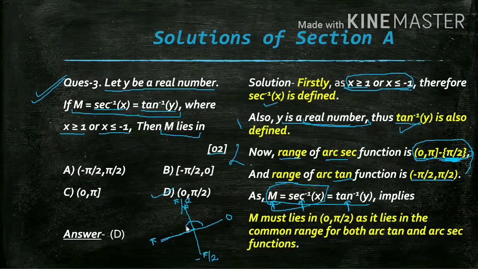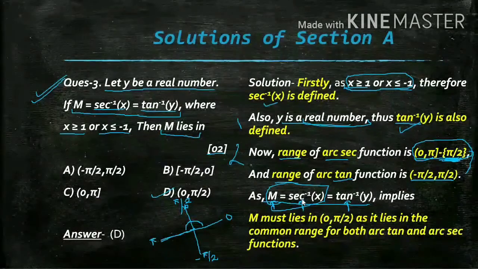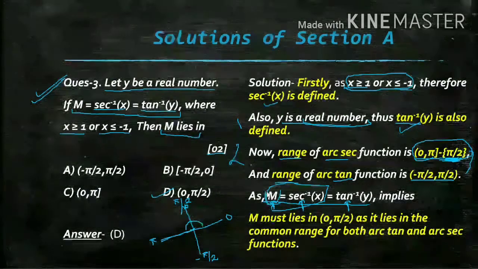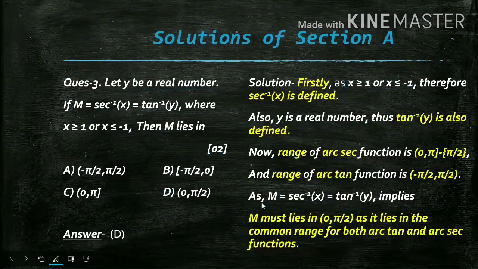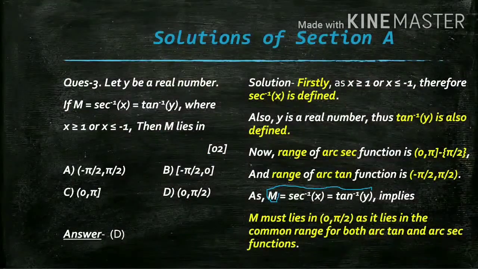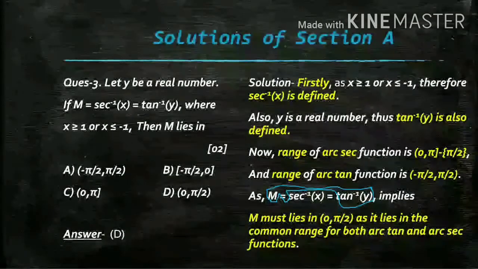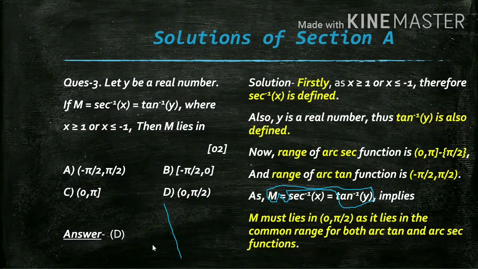From 0 to pi, closed pi, not equal to 0 and not equal to pi by 2. Correct? Because it is equal to sec inverse. Now consider this thing. Let me just remove it. Okay. Now consider this. M equals to tan inverse y. Right? It is also equal. Okay.